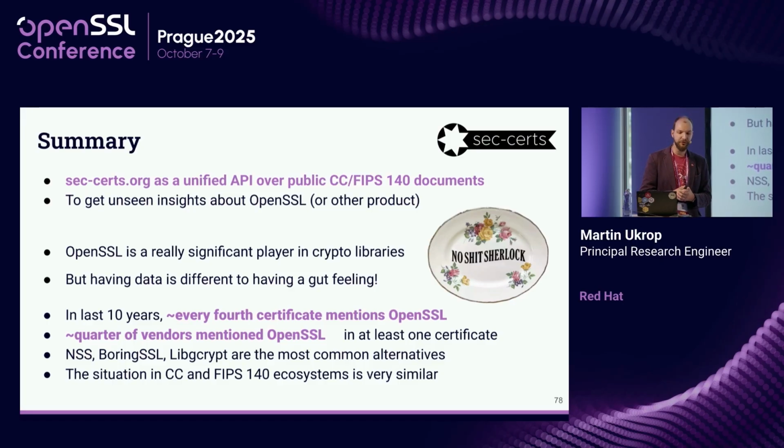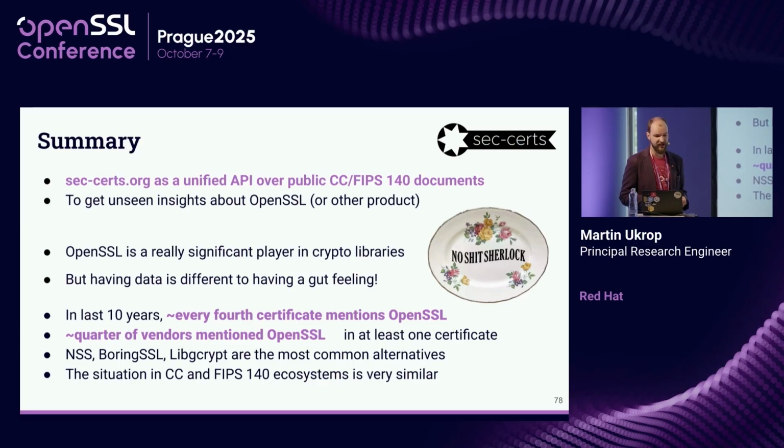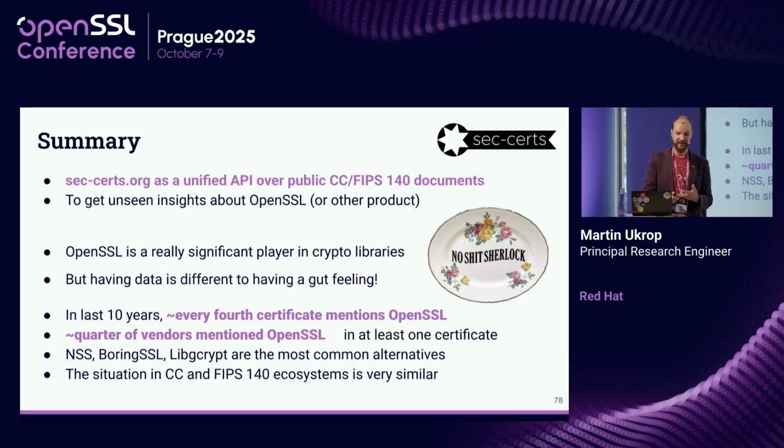Similarly, about a quarter of all vendors mentioned OpenSSL in at least one of their certificates over time, which is again a significant number. And although not everyone uses OpenSSL, quite many vendors do, and it's a variety of vendors. Looking into the alternatives, NSS, BoringSSL, and libgcrypt are most common.